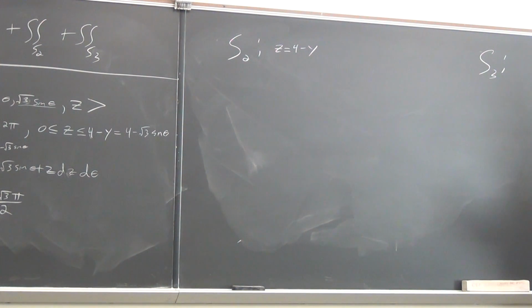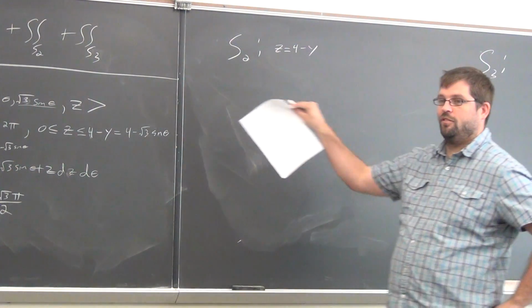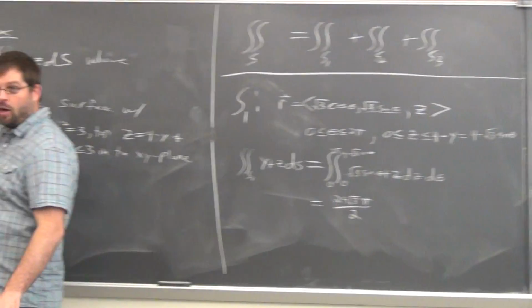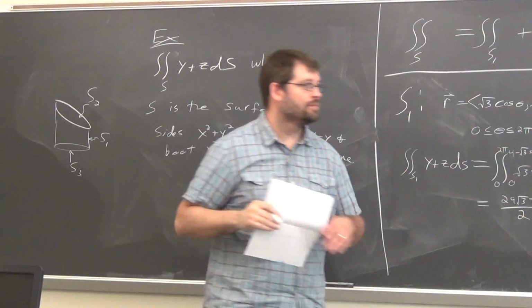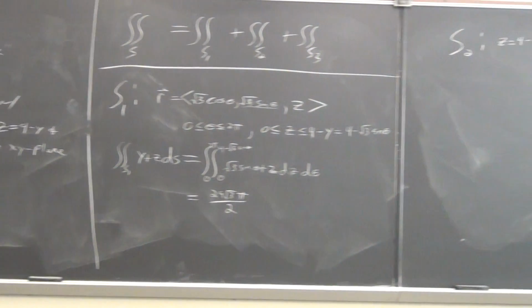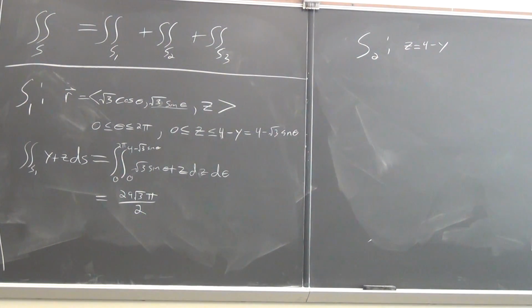Oh wait, you know what? I take that back. You can't let z equal 4 minus y, because you're on the outside of the surface, right? You could do it in this case when you're up here, but not when you're going around the side. Got you. Okay.